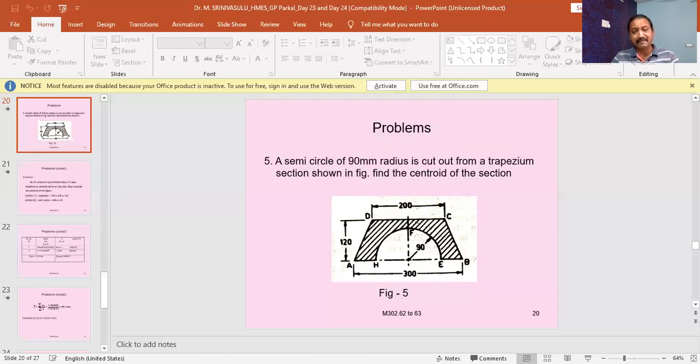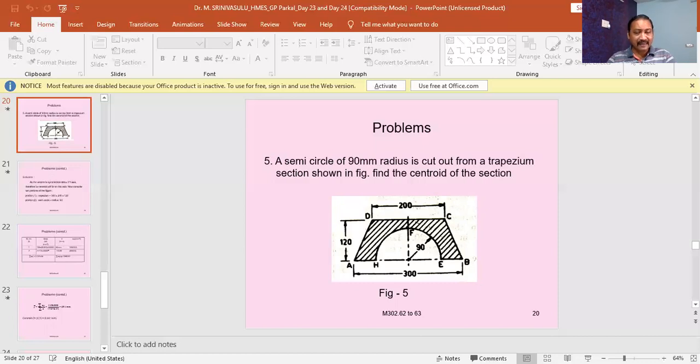Now we need to find only the y coordinate, and for this we have to state the reference axes, because for any figure we have to first mention the reference axis.